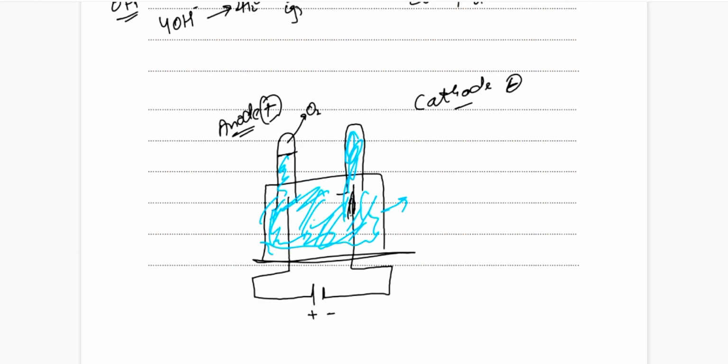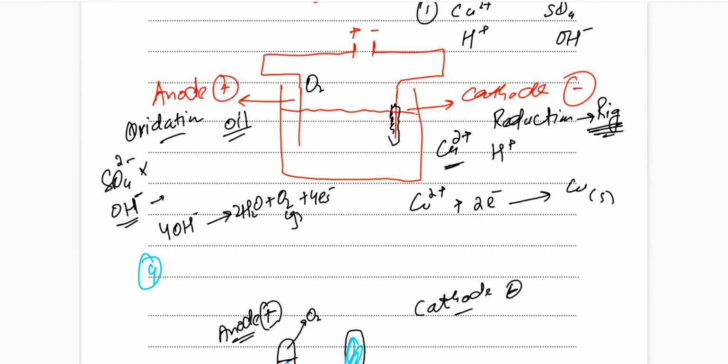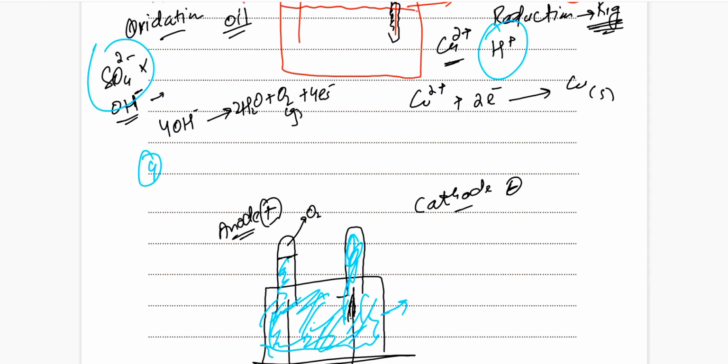So fourth step is the remaining, which I have to write. So what are the remaining ions and what will be left over here? So hydrogen is remaining and here the sulfate is remaining. Okay, and the blue color which was over here, it will fade. Blue color of copper sulfate will fade up.